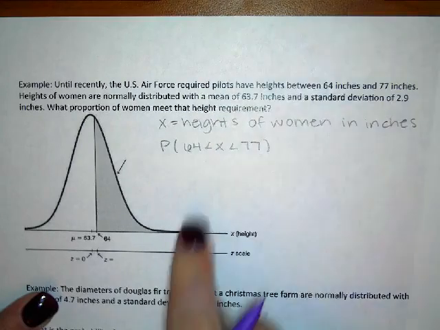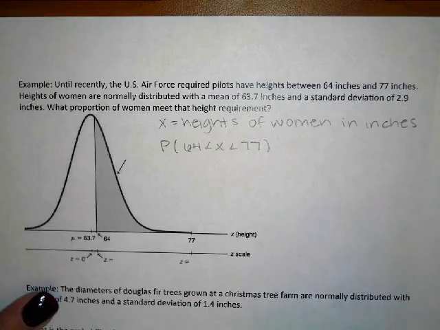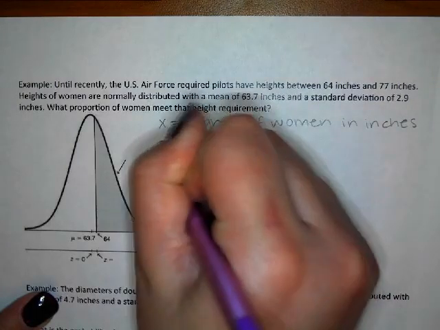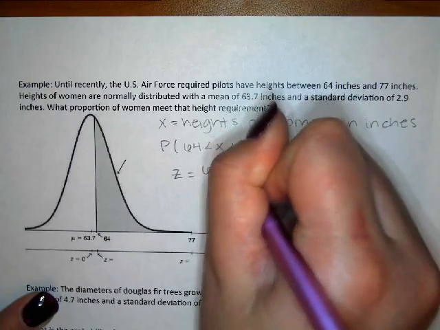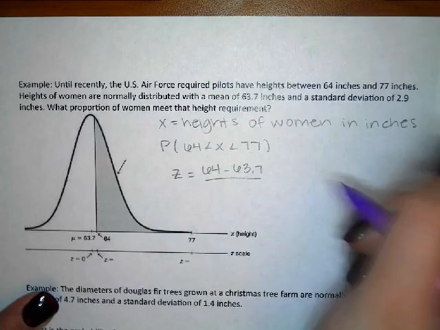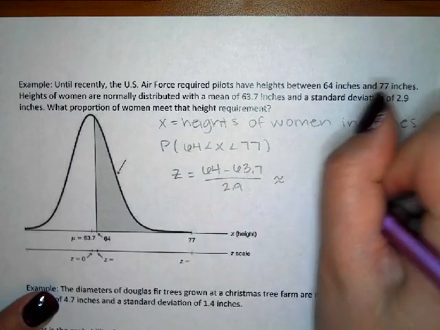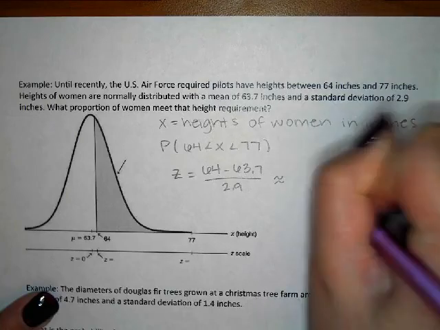So we're not going to be able to find 64 and 77 on our standard normal distribution table, so we need to convert this into those z-scores. So we're going to have 64 minus 63.7 over 2.9, and 77 minus 63.7 over 2.9.